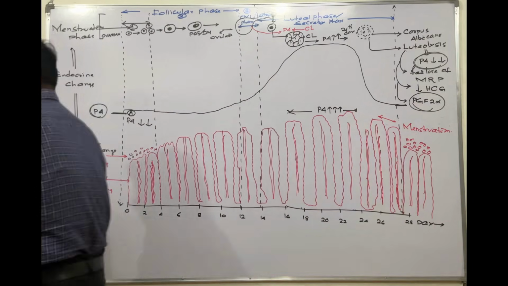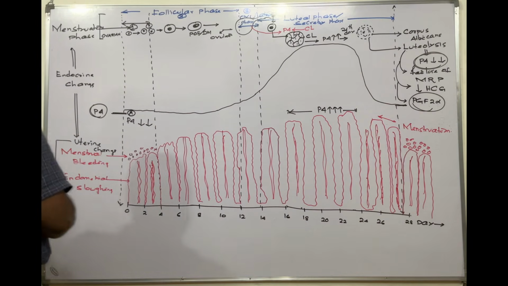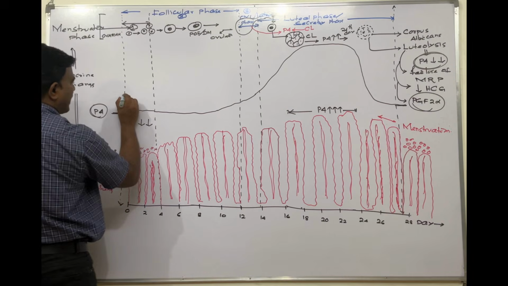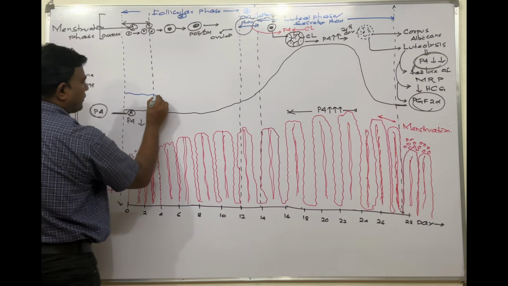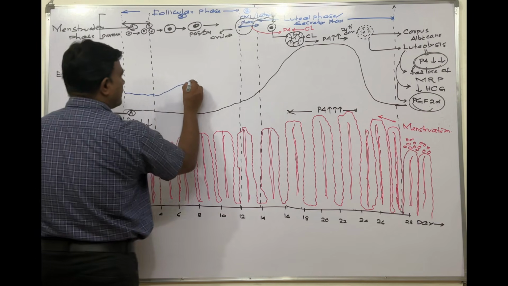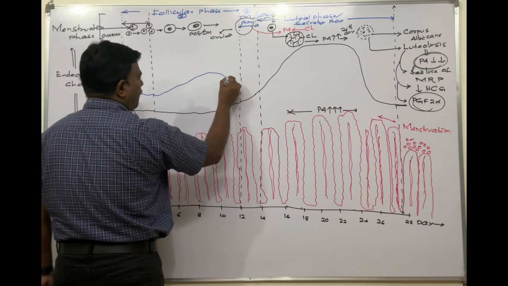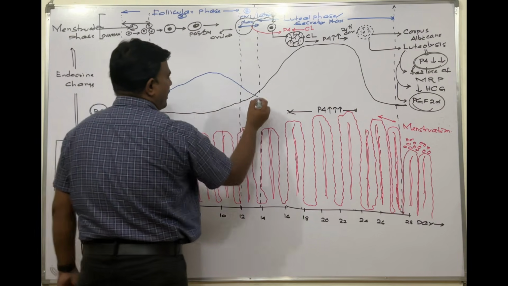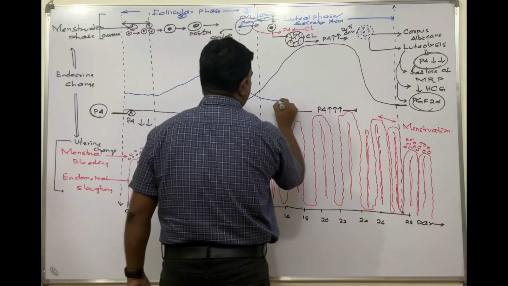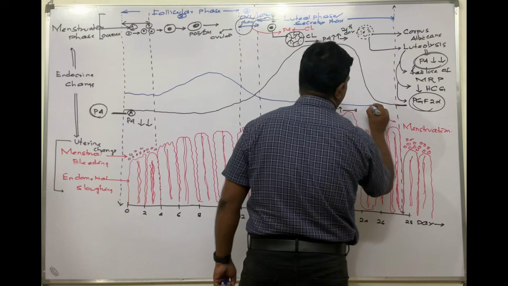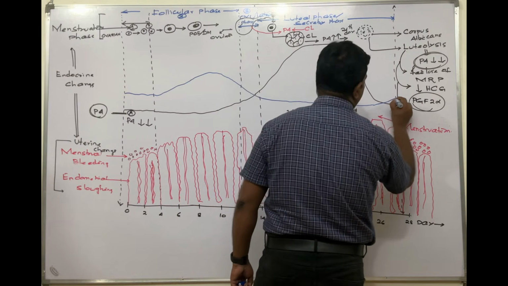Let's see the blue pen. What about the FSH? This is FSH. The FSH has increased a bit. But once I reach the 10th day, now it is falling, and it remains at the same basal level, but just here it will slightly start increasing.